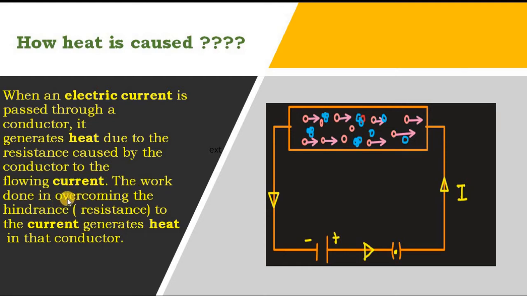The work done in overcoming the hindrance or the resistance to the current generates heat in the conductor. So this is the reason we can write for heating up of the resistors.